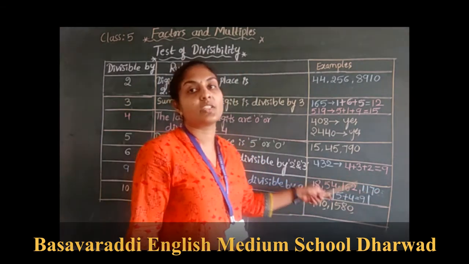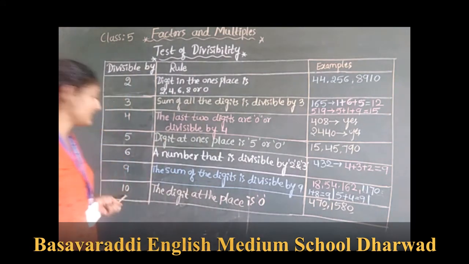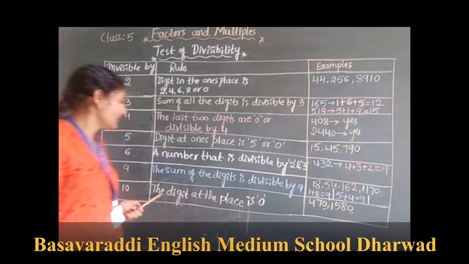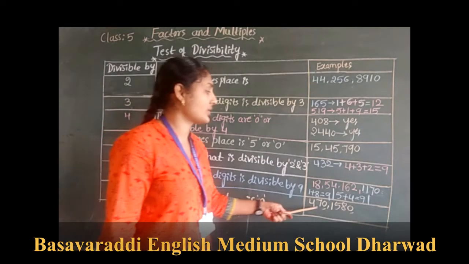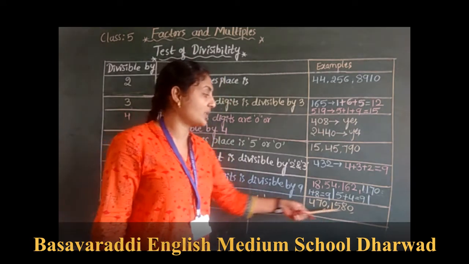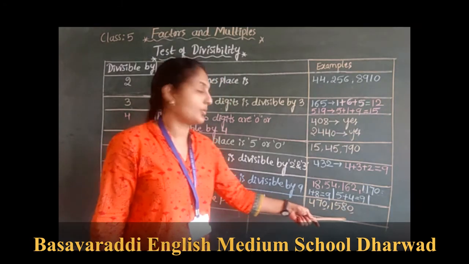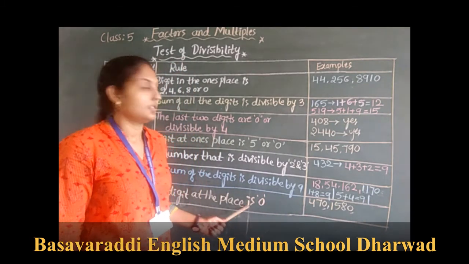All the numbers are divisible by 9. Next, the last, divisible by 10. The digit at the ones place is 0. 470, 1580. Look here, in the ones place there is a 0 there. So these two numbers are divisible by 10.